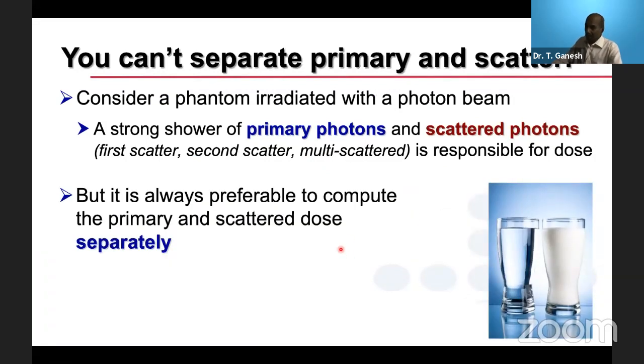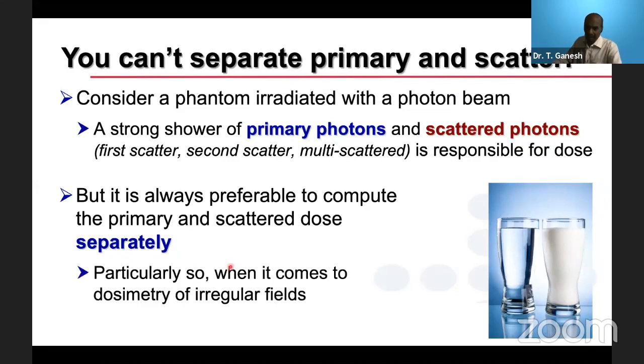However, it is always preferable for us to compute the primary dose and scattered dose separately. That will be of help in several clinical situations, particularly for calculating the dose to irregular fields. When we are dealing with dosimetry of irregular fields, it would be quite helpful if we can separate them out, primary separate, scattered separate, right?